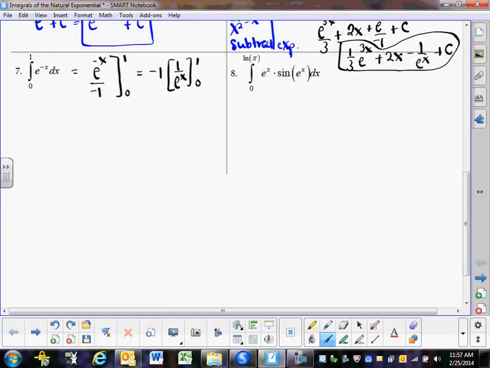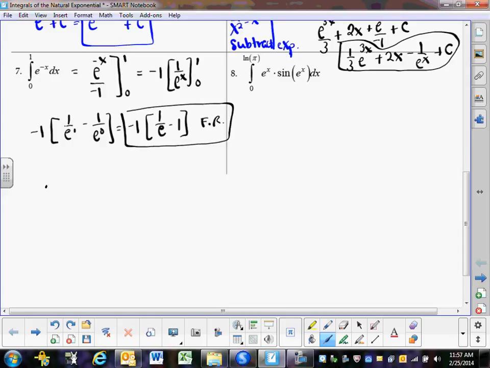We don't want to make any substitution errors because of the fact that we have a negative power, so we're going to fix that. So I'm going to leave the negative 1 outside. This is 1 over e to the 1 minus 1 over e to the 0. So that's negative 1 over e minus e to the 0 is actually 1, so this is just 1.